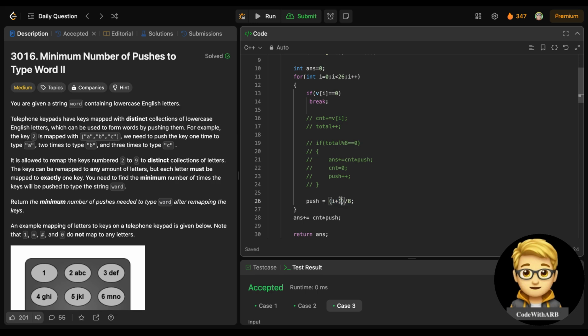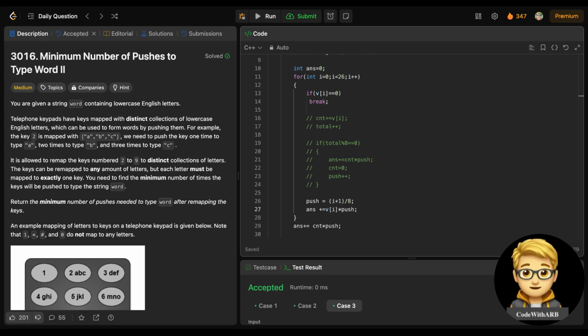For the first 8 characters, from 0 to 7, it will give me 0, right? But for the eighth character, it will give me 1, right? So I will just insert answer plus this vi into this push, right?